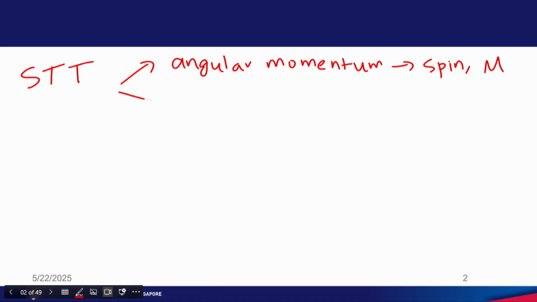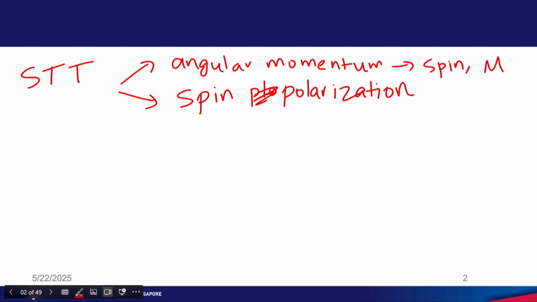The second concept that we learned when we talk about spin transfer torque is spin polarization. For example, if you take a copper wire and send electrons, almost equal numbers of spin up and spin down electrons will come out. There is no difference in the number of spin up or spin down electrons when you send a stream of electrons through copper.